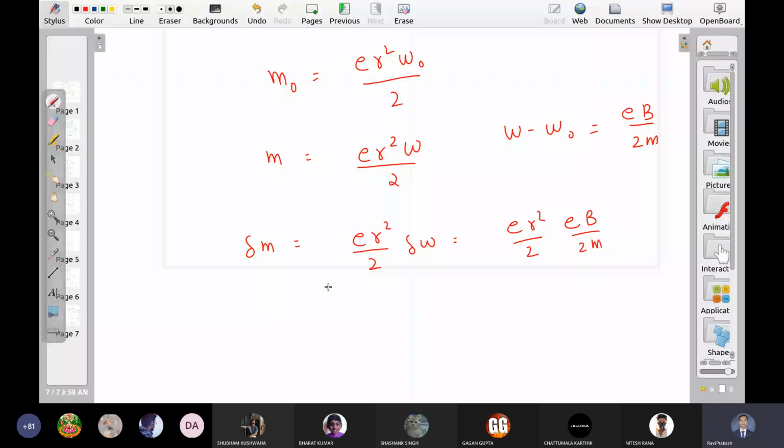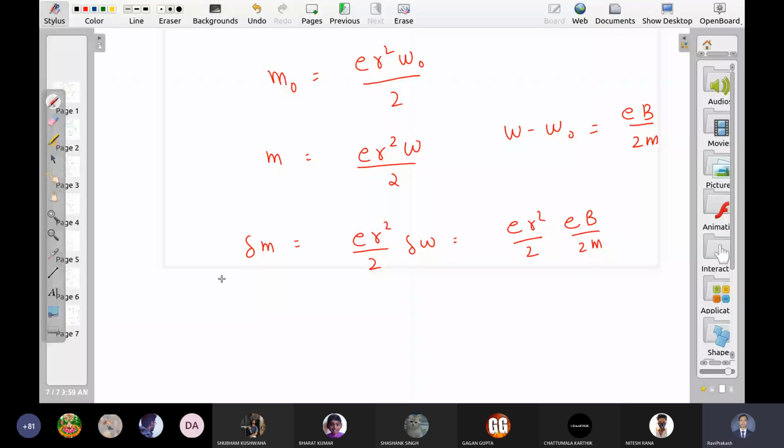And this is generated by one atom. If we know the total number of atoms in unit volume, we can calculate the total magnetization also.